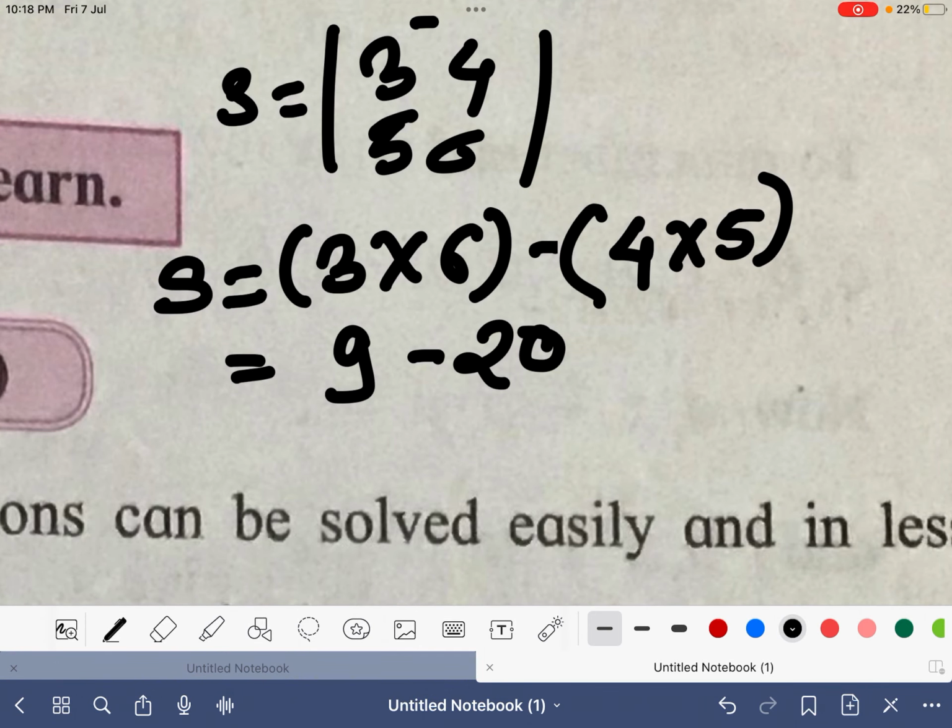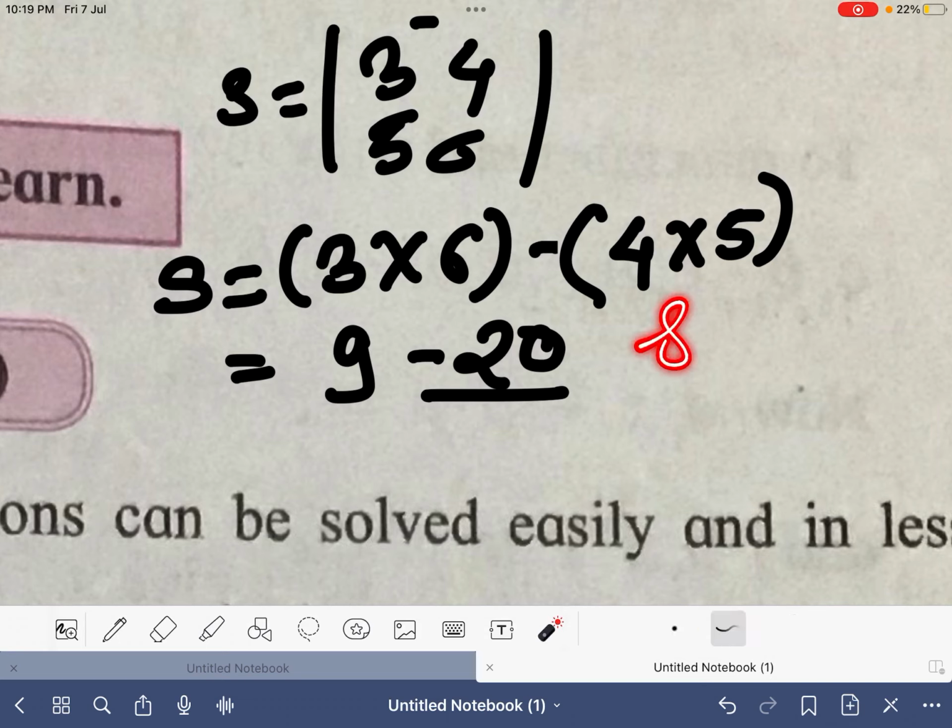So obviously this is a negative one, this is positive one, so we have to subtract this. Because one is a negative number and another one is a positive number, so we have to subtract this. So 20 minus 9, 9 10, so answer is 11.